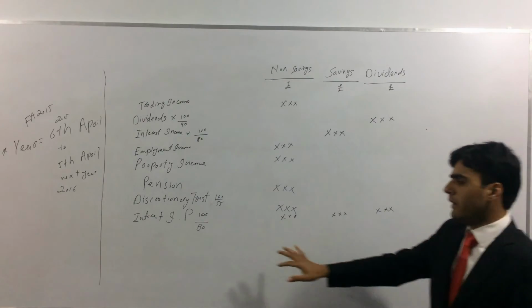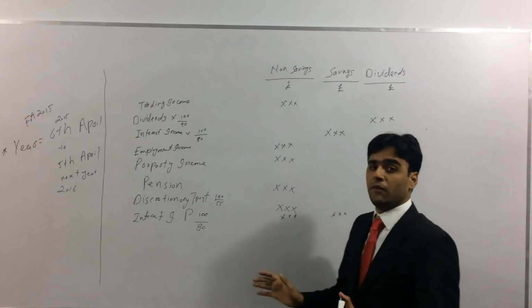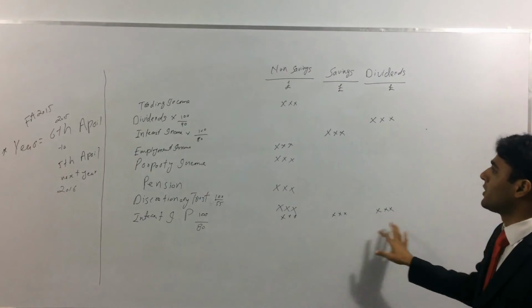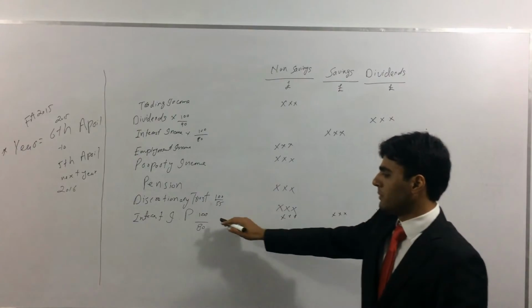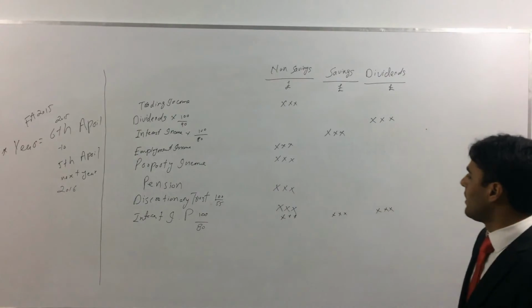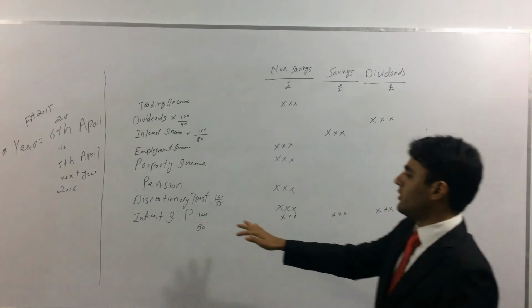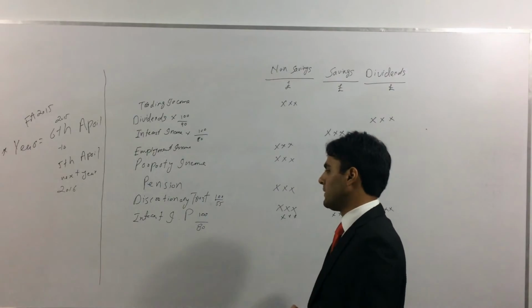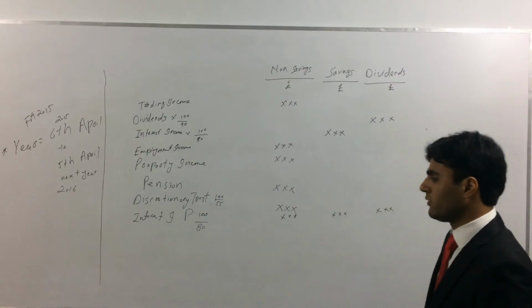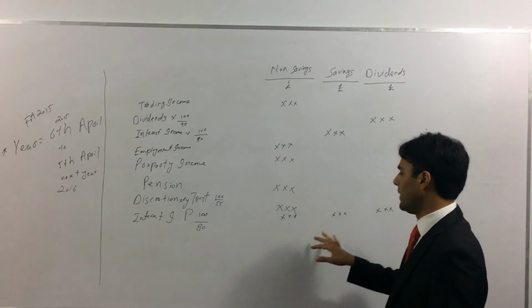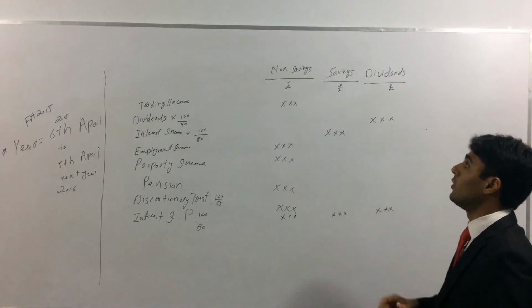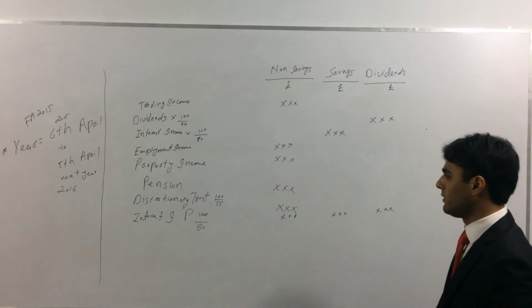We always need to gross it up 100 by 80, even if it is paid out of dividends income, savings income, or non-savings income. Right? So discretionary trust is always 100 by 55, and interest in possession trust is 100 by 80, even if it is paid from whichever source, savings, dividends, or non-savings.